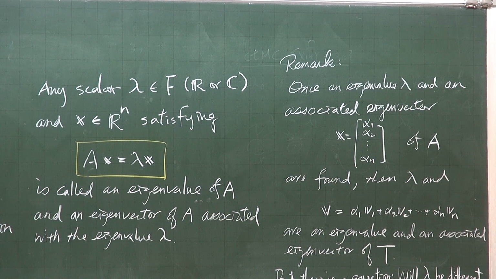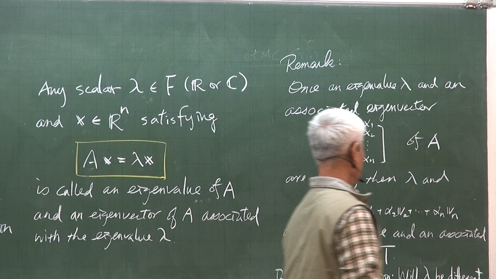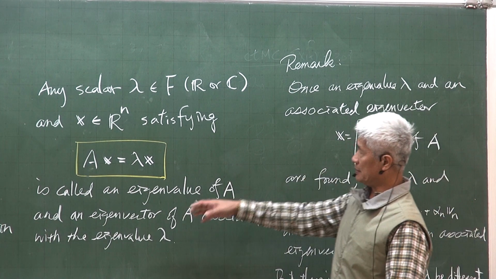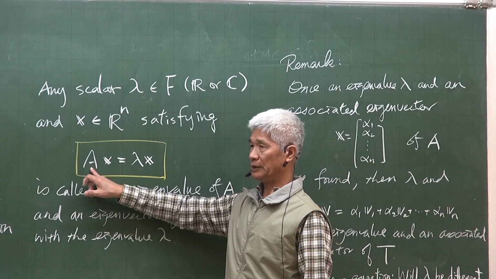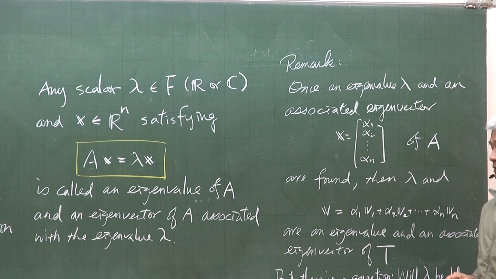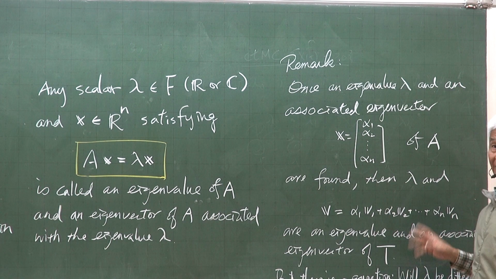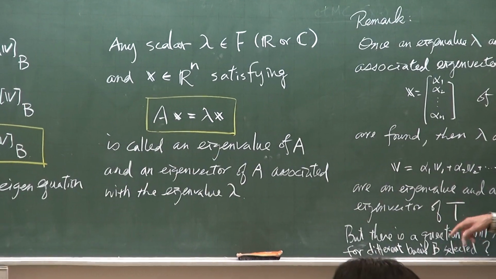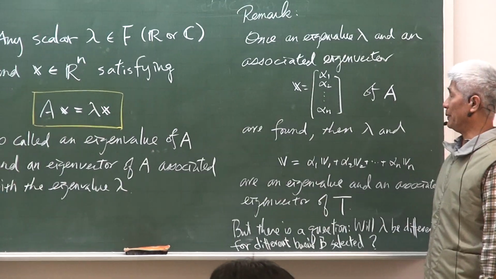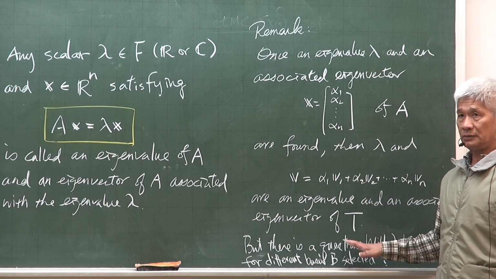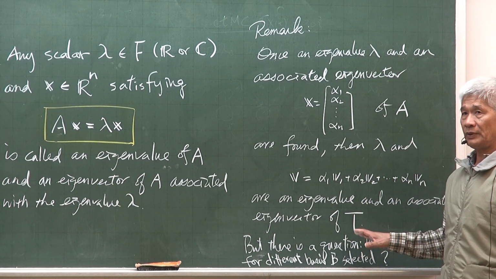So the question is, if we use different bases, we have different matrix representations. Will the eigenvalue of T be different for different chosen bases? We will answer this question.